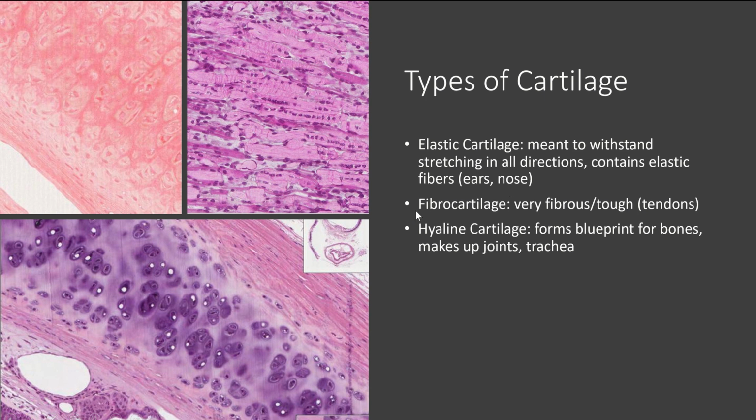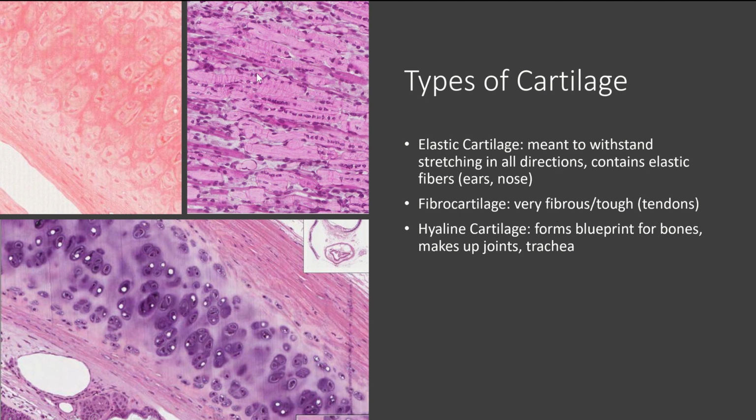Okay, fibrocartilage is going to be the next one. Fibrocartilage is just like what it sounds. It's kind of a mix between what we learned in connective tissue with our normal fibrous tissues and cartilage, so it's kind of an in-betweensy one. It is very fibrous, very tough, and meant to withstand pulling forces in one direction.